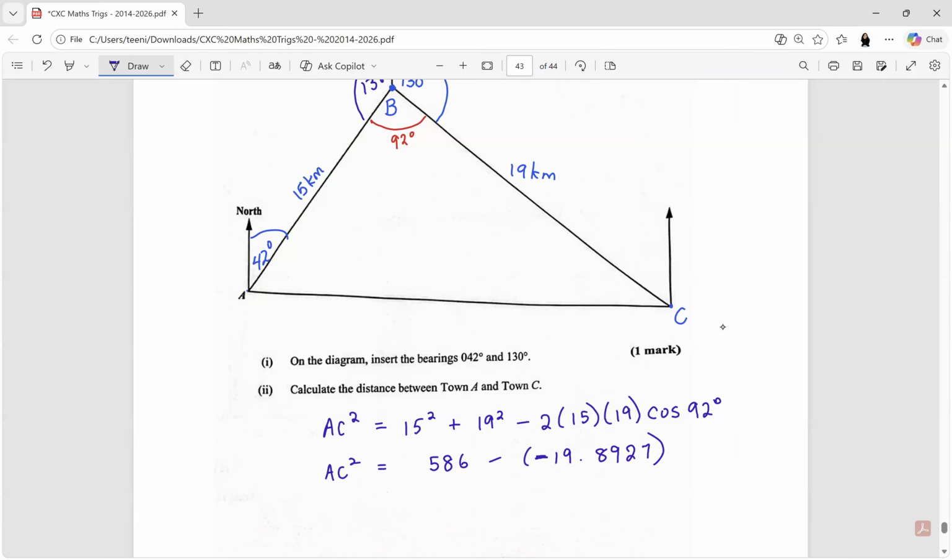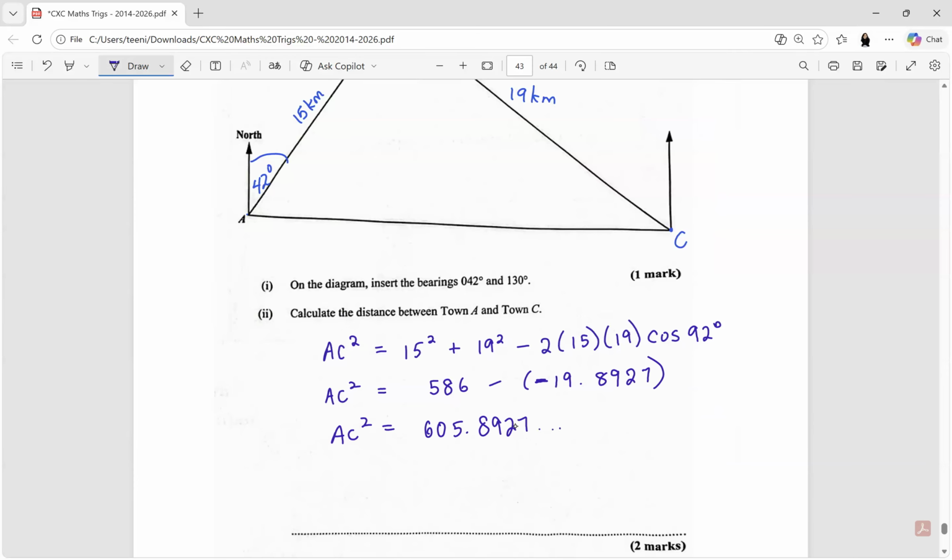Right? So now these are two minuses. A minus by a minus is a plus, so minusing a negative number is the same as adding it. So 586 plus 19.8927 is 605.8927.